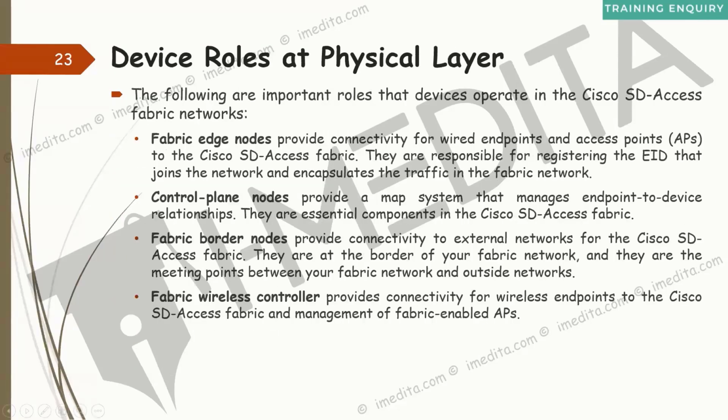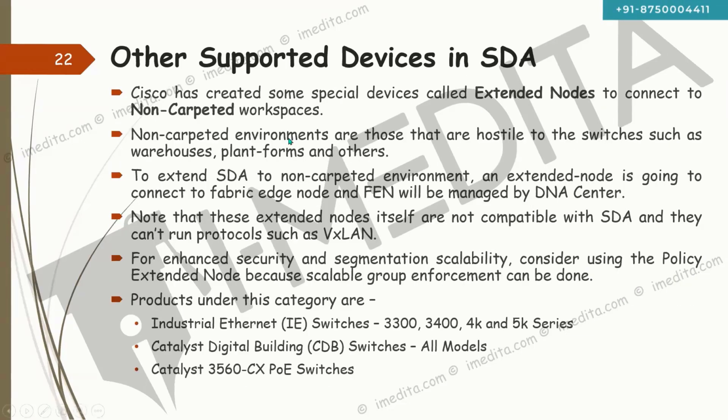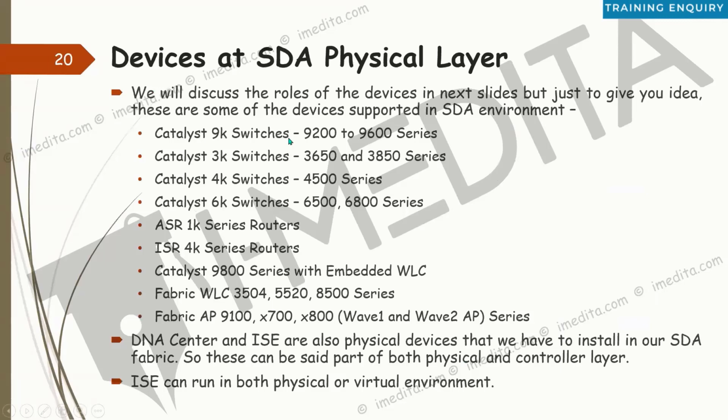Okay. Now, just to repeat, we have some normal Catalyst 9K, 3K, 4K, 6K series switches that are compatible with the Cisco SDA deployment. We have some wireless LAN controllers, some access points, some routers that are compatible with the SDA deployment directly.